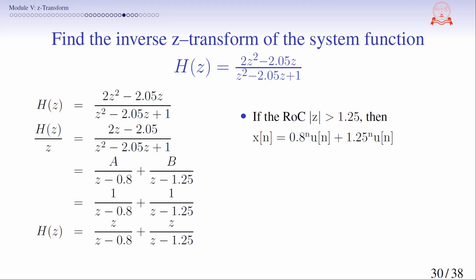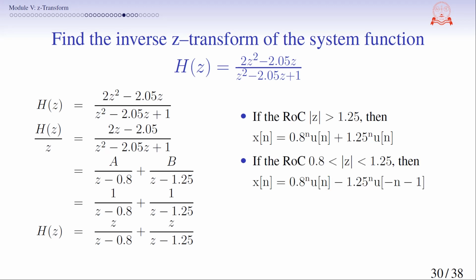The first is if the ROC is mod z greater than 1.25, that is, the whole signal is a causal signal. So the inverse z transform x of n is equal to 0.8 raised to n u of n plus 1.25 the whole raised to n u of n.